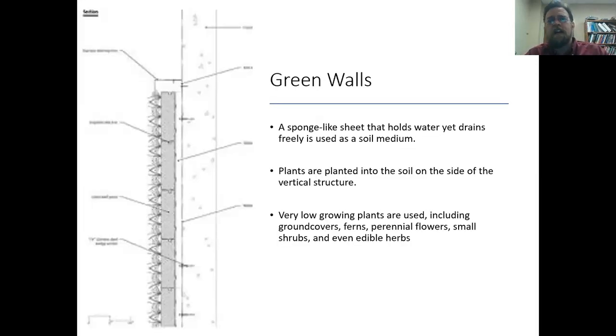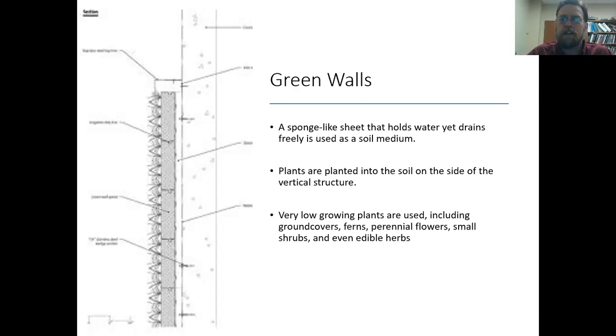So you can kind of see a diagram here. This is a little bit faint. Generally, you have a sheet that holds water, but will drain, and that's used as a soil media. Plants are put in on the side of the vertical structure, and you tend to be using something that would otherwise be a ground cover or a perennial flower. Sometimes you're using herbs.